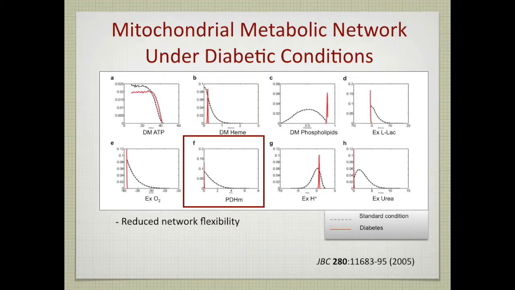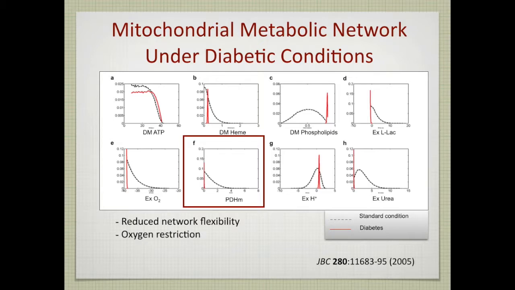You see that many of the red histograms become very narrow. So the operation of metabolism in the mitochondria in the heart of diabetics is expected to be much less flexible than in somebody that's considered normal. It gets more restricted once you put those constraints on the network.